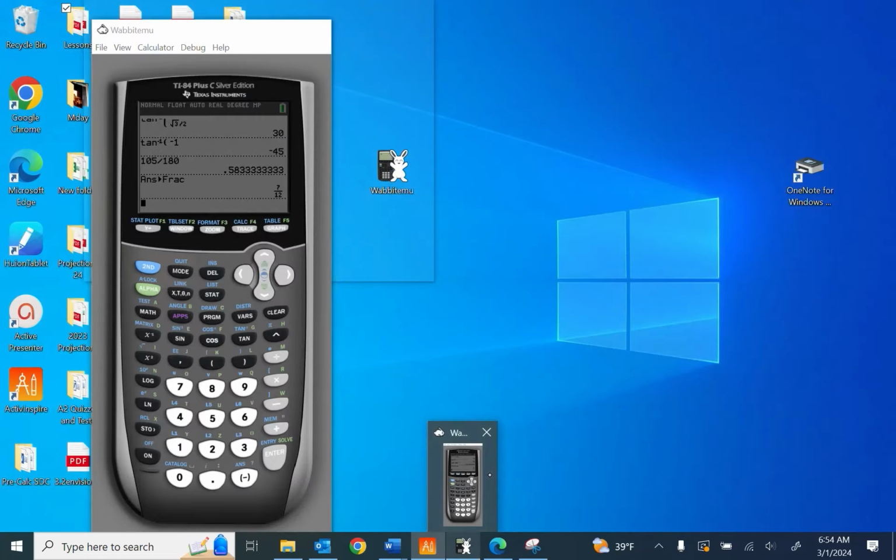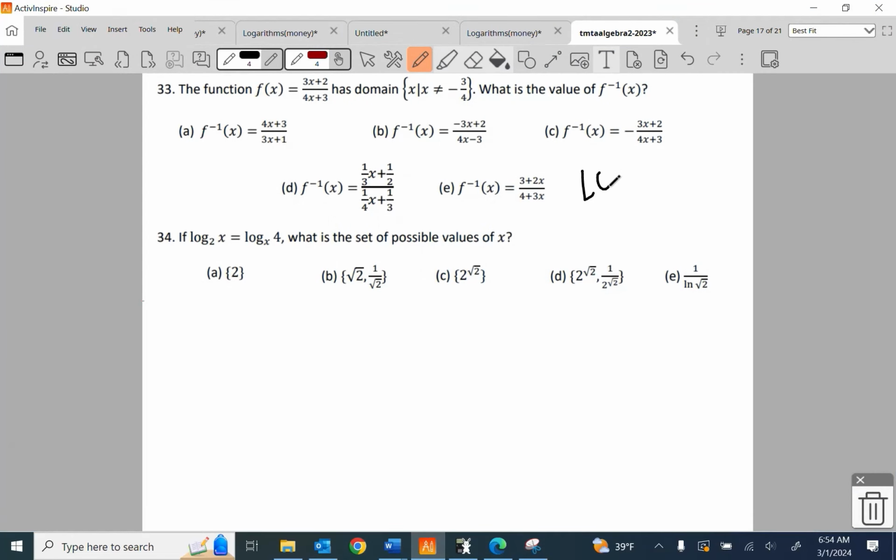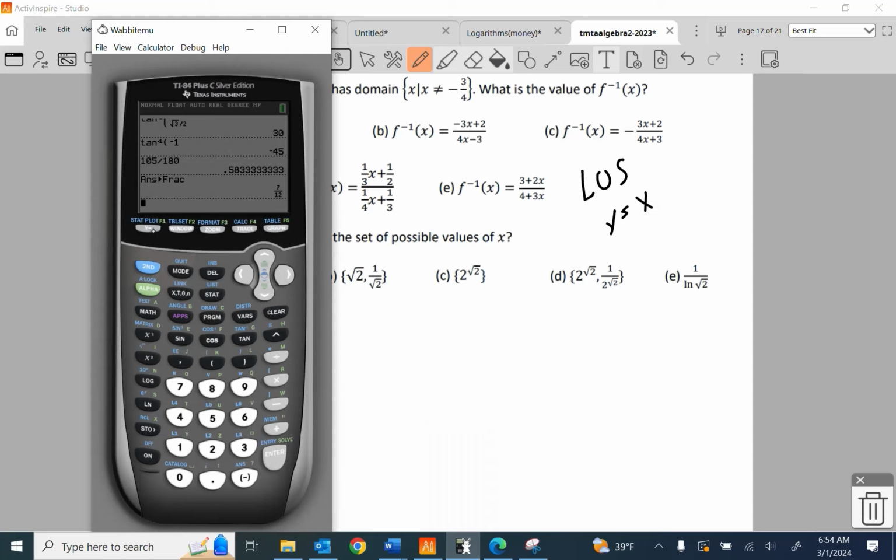But I know that the line of symmetry is y equals x. So let's take your original equation here.